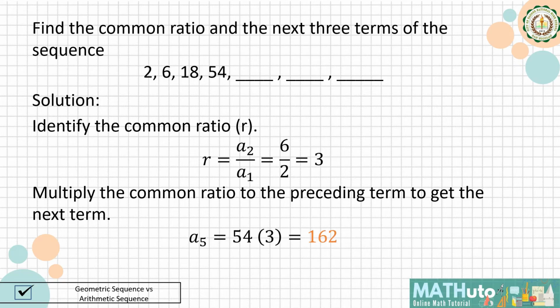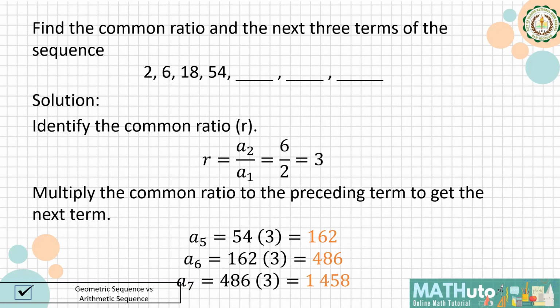To get the fifth term, that is 54 times 3, which is 162. Sixth term, 162 times 3 is 486. And for the seventh term, 486 times 3 is 1,458. Therefore, the next three terms of the sequence are 162, 486, and 1,458.